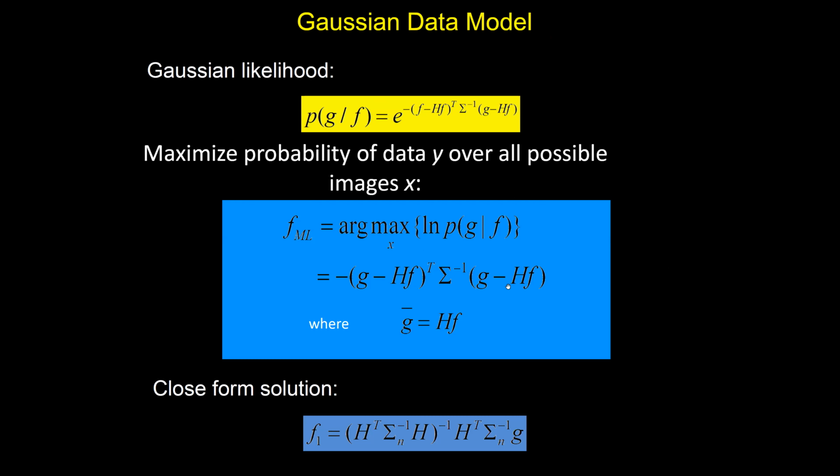This is just the L2 norm of your image. Over here, G is your data. It's like a weighted L2 norm, weighted mean square, and you have a closed form solution. It's just that it takes some effort to calculate this weight.